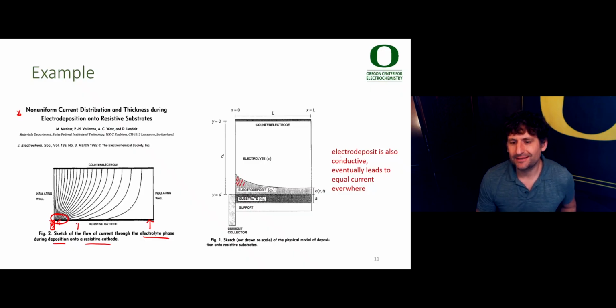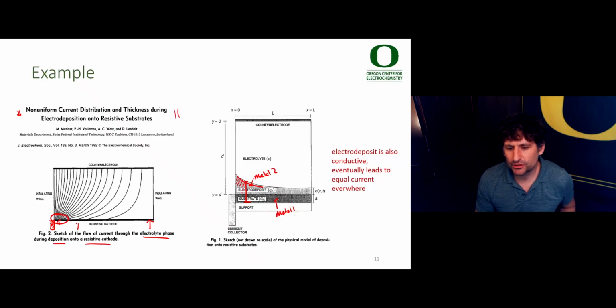One of the things that's very nice in this paper they discuss, and what's interesting, as you deposit more and more material here, notice that you now have a thicker metal. So if this is a metal, say metal 2, and this is metal 1, you'll notice that metal 2 is getting thicker and thicker on the left-hand side.